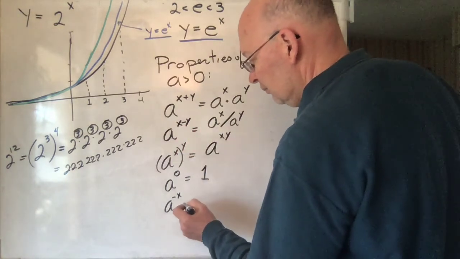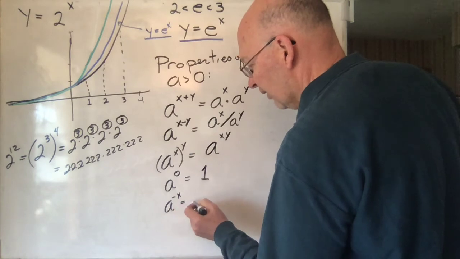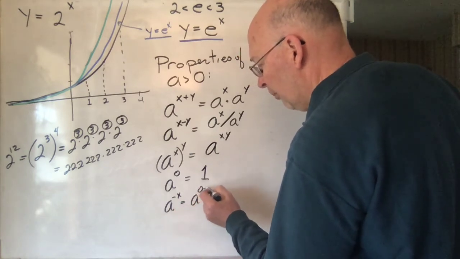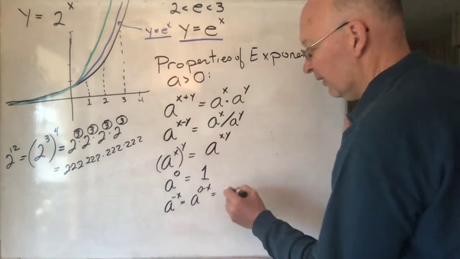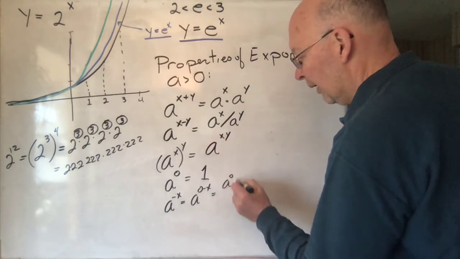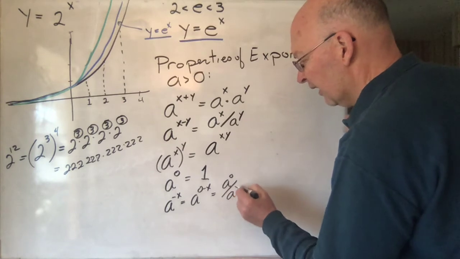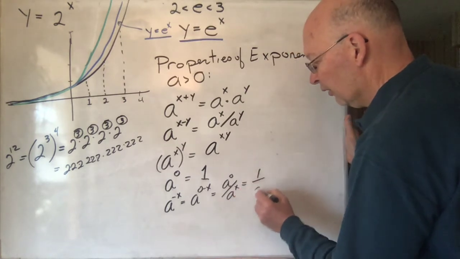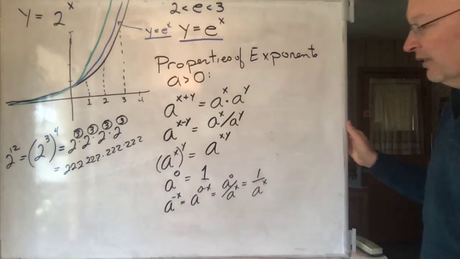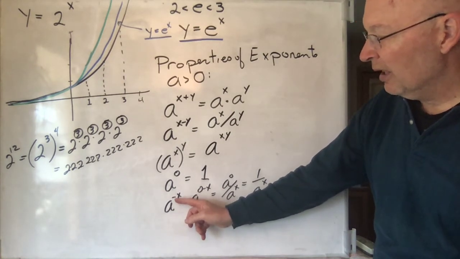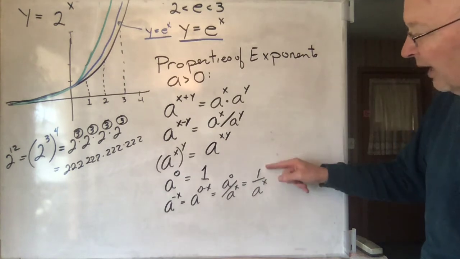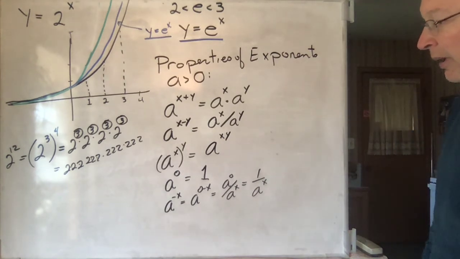So if you wanted to, you could write this as a to the 0 minus x power, and that's equal to, using this property, a to the 0 power divided by a to the x power, which is 1 over a to the x. So that's kind of a long way of just noting that, as I said before, if you have a negative exponent here, you flip it over the line so it becomes a to the x power.